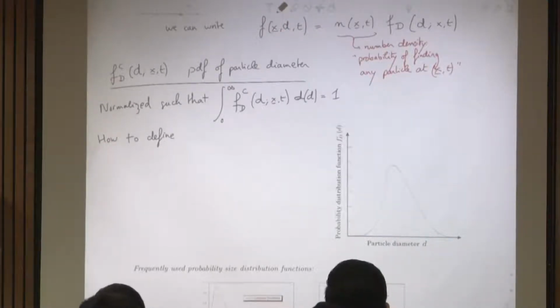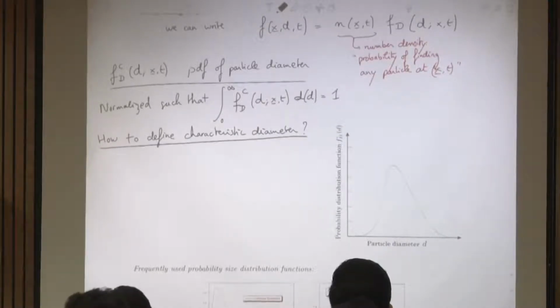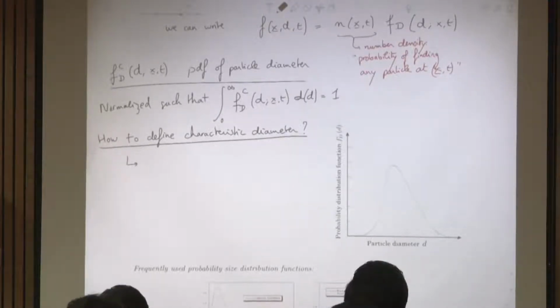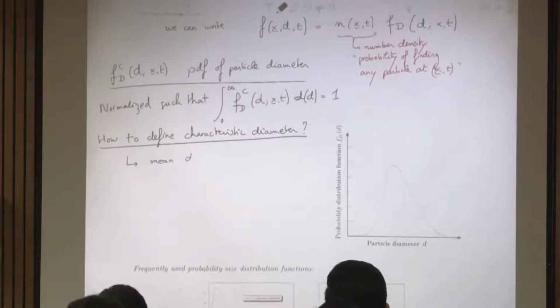We'll make a little aside here to talk about the characteristic diameter. If you have a distribution of sizes, it makes a lot of sense to simply care about the mean diameter, say d sub m.